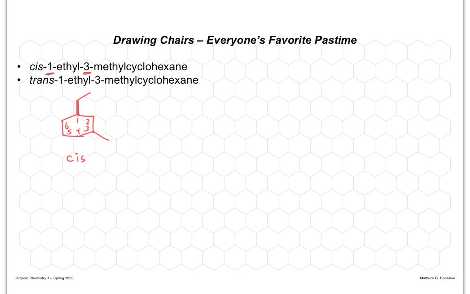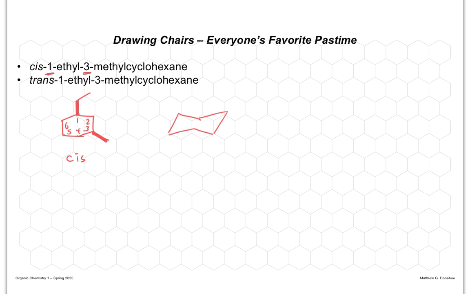So we'll draw the bold to indicate that they're both on the same face. For this chair form, I'm gonna put the numbers sort of different, just so you can see it. It really doesn't matter how you put them in there as long as you get the relative relationships right.